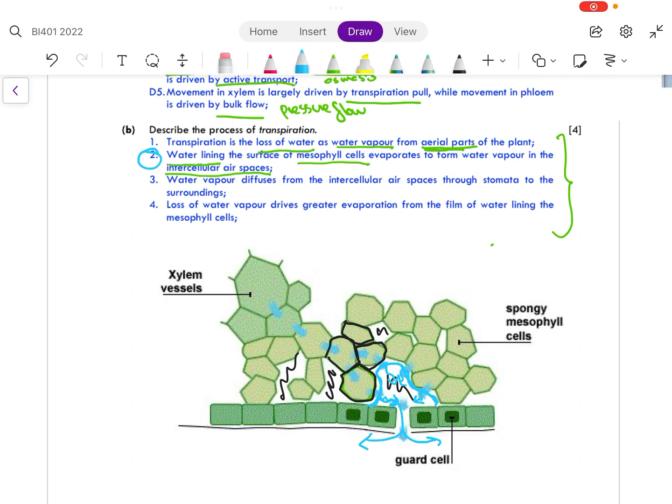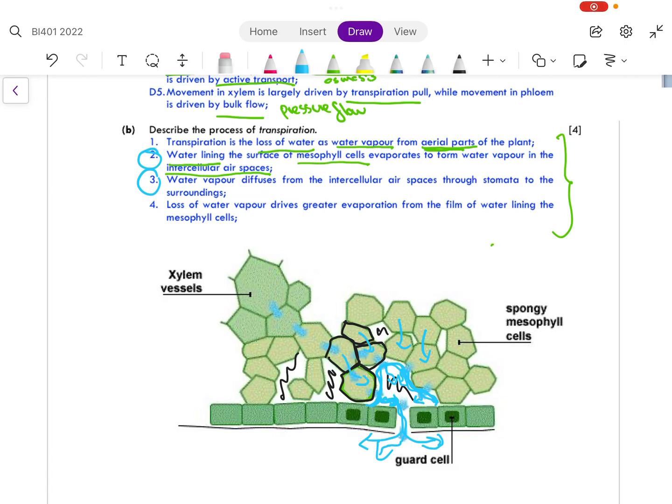Where does this water vapor go? The water vapor then goes from the intercellular airspace out of the stomata, okay, into the surrounding spaces. That's point number 3. And this loss of water from the surface of the spongy mesophyll cells ends up pulling more water from surrounding cells. Okay?